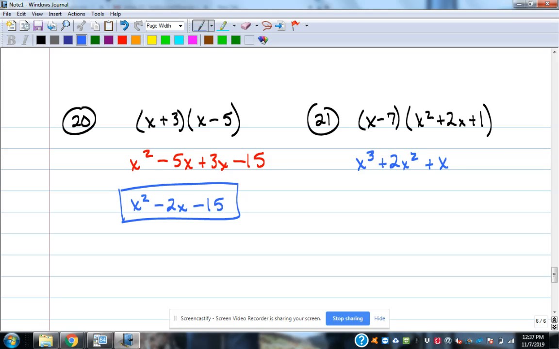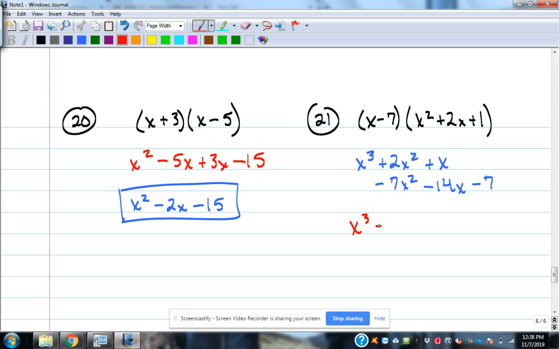And if you can save yourself 5 seconds on an ACT math problem, and you do that 2 or 3 times, you've suddenly got 30 seconds extra that you can put on another problem. So if I distribute the negative 7, that's going to be negative 7x squared minus 14x and then minus 7. I'm stacking up like terms and then just putting it together.